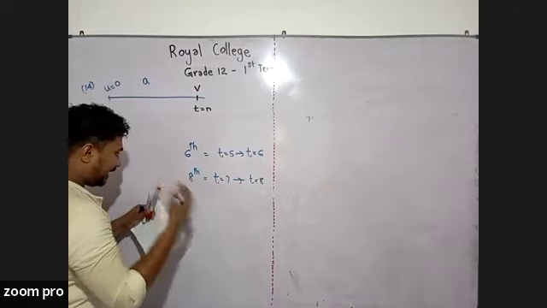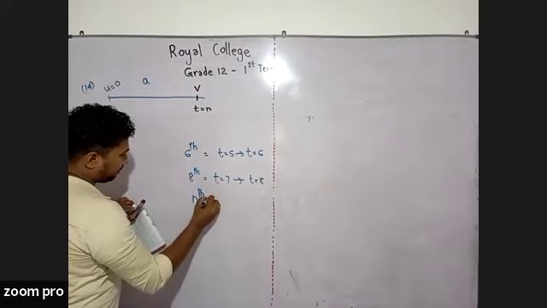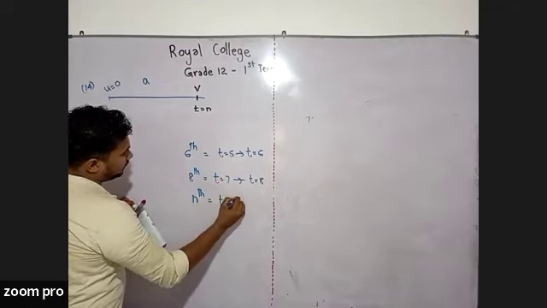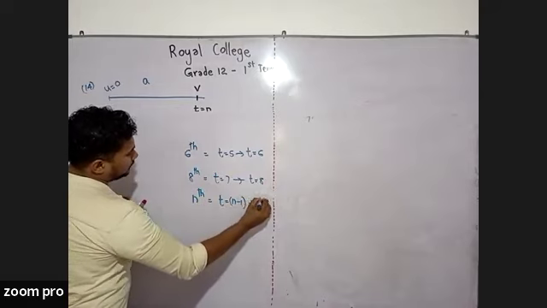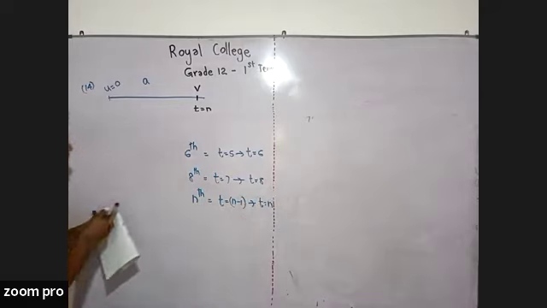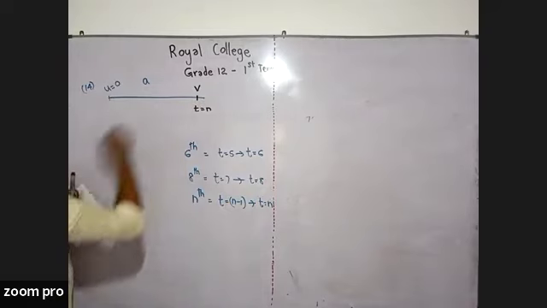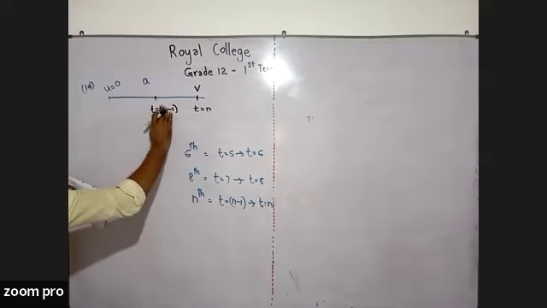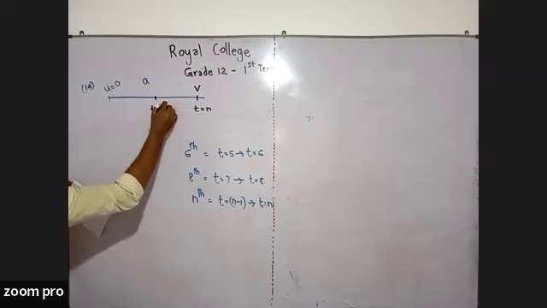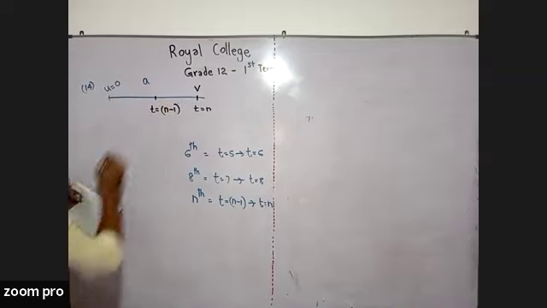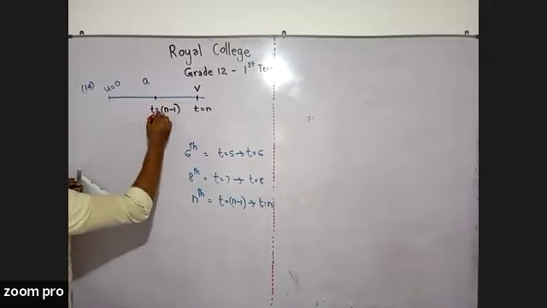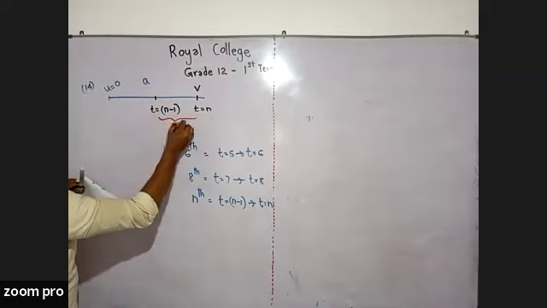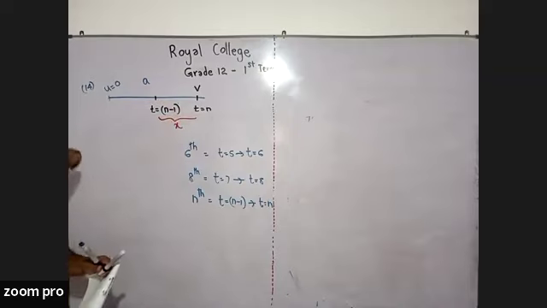So likewise, the nth second means T equals n minus 1 to T equals n, right? So if this point represents Tn, let's consider this one represents n minus 1. The question is asking about this distance, right?